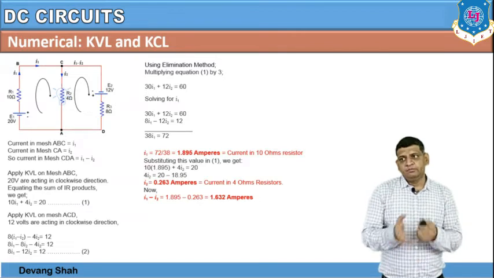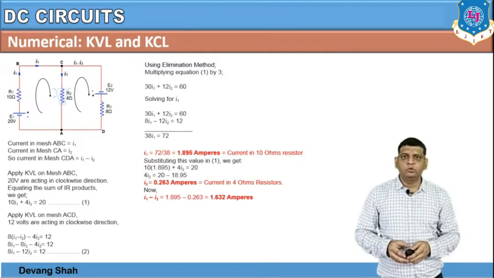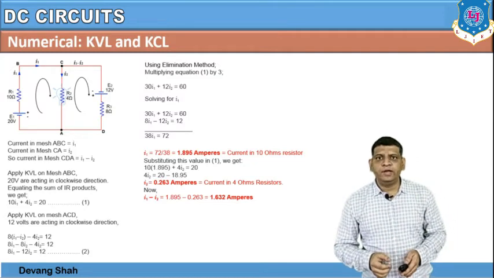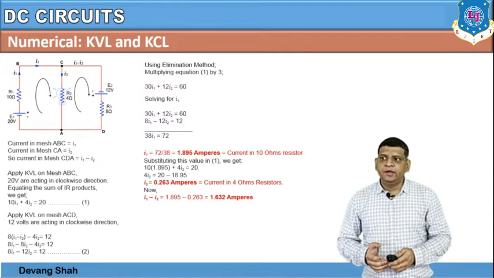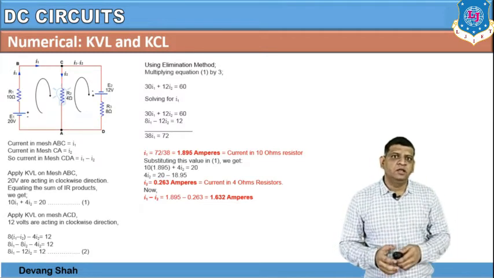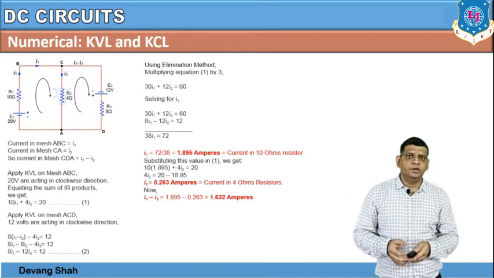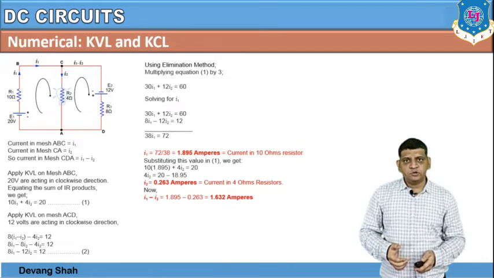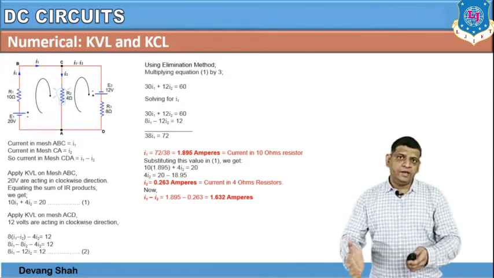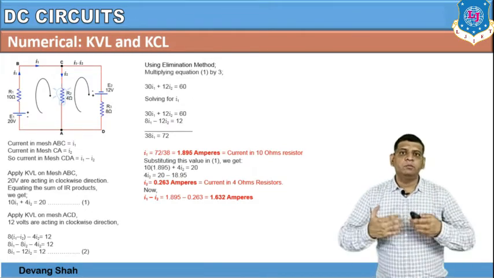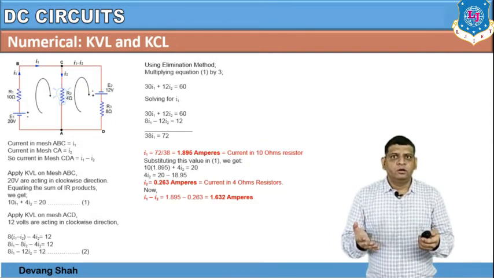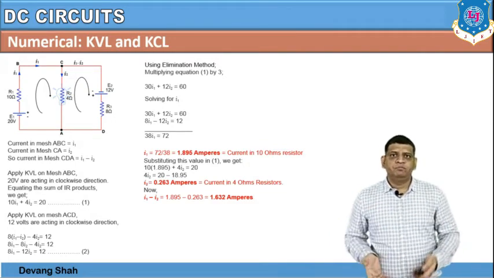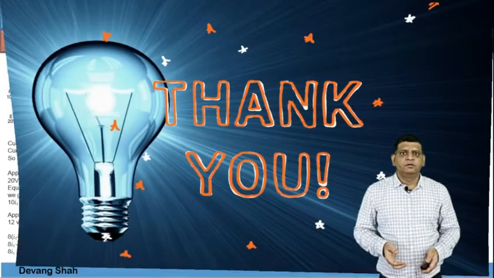So after this solution, you find the value of I1 is equal to 1.895 ampere, and I2 is equal to 0.263 ampere. The current passing through the 8 ohm resistance is I1 minus I2. Based on the current values I1, I2 and I1 minus I2, you can find the voltage drop across the 10 ohm resistance, the 4 ohm resistance, that is a particular bulb, and the 8 ohm resistance, right?